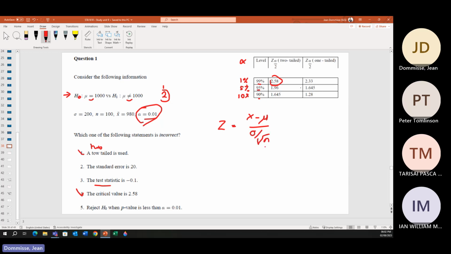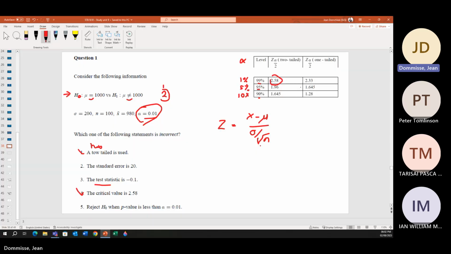And then depending on if we have population standard deviation or sample standard deviation, it will just change a bit between a Z and a T. Okay, so here we can see we're working with population standard deviation. So we work with a Z.